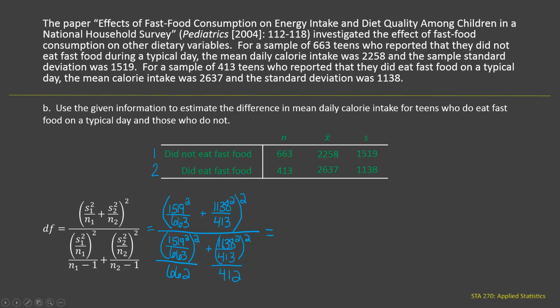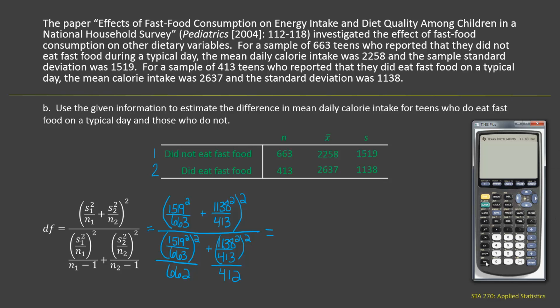All right, so let's go ahead and pull out our calculator here. Okay, so I'm going to start with this 1519 squared divided by this 663 plus 1138 squared divided by 413.